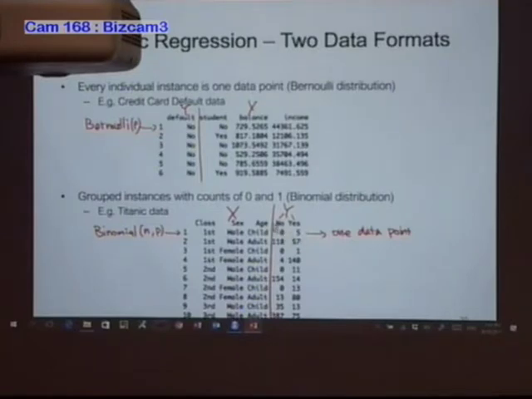So that makes some difference. But eventually what we are trying to say is how likely are first-class male adults to survive? Then the size is not that important. So for each data point, basically you want to predict 1 probability. For people in that group, what's the survival probability? So it doesn't matter that much in that sense.